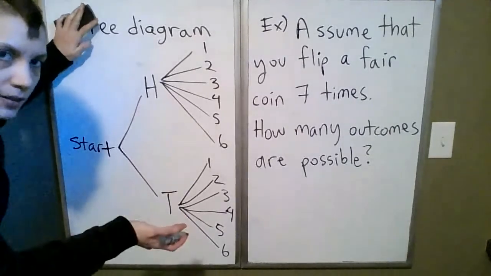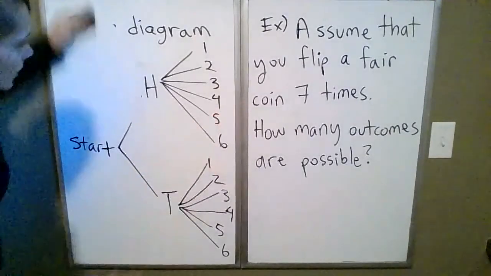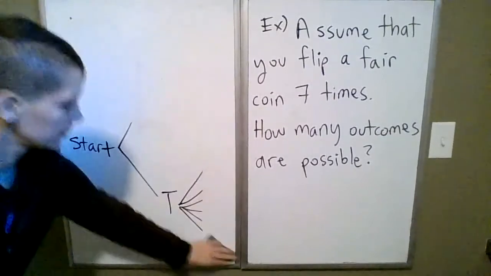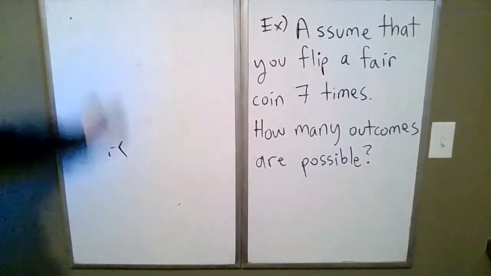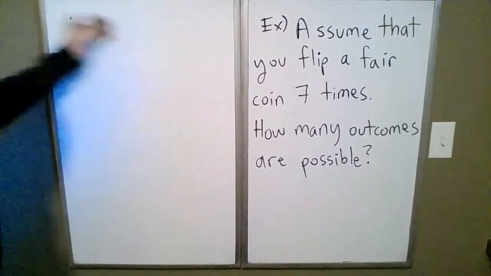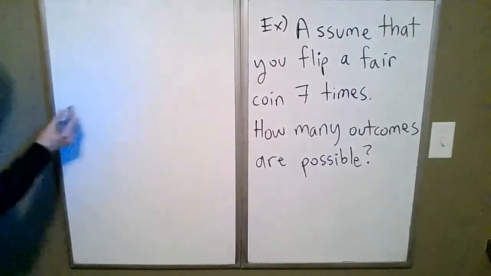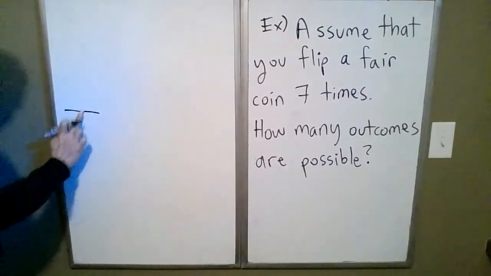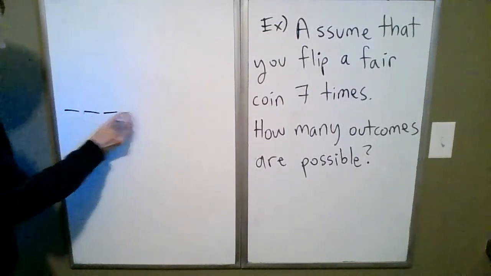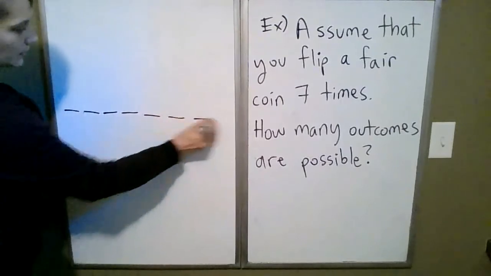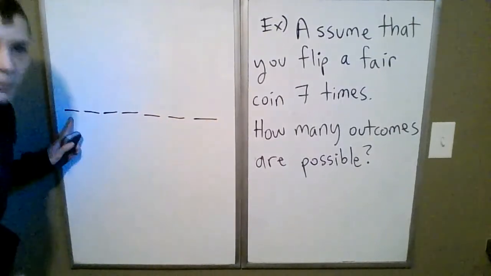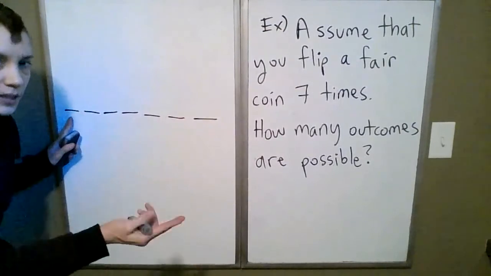For every trial, of which there are 7 total, I'm going to have a placeholder. 1, 2, 3, 4, 5, 6, 7. So I do my first flip, and it can be heads or tails.